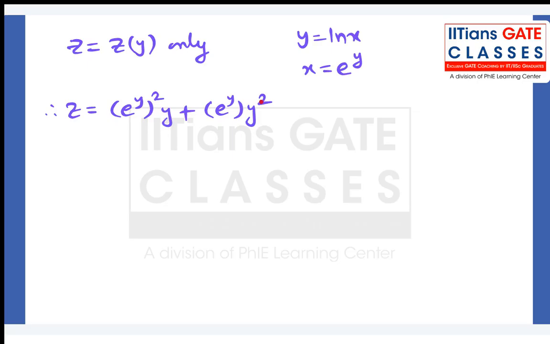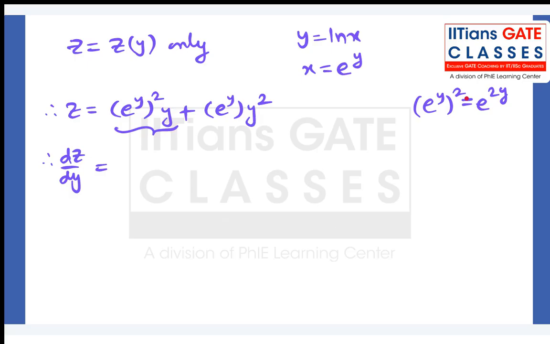Nothing fancy we are doing here. So for dz by dy, again the chain rule of differentiation you have to use. Let's do the first term. We are doing it with respect to y, and e^y power 2 is nothing but e power 2y, because powers get multiplied if they are in this fashion.